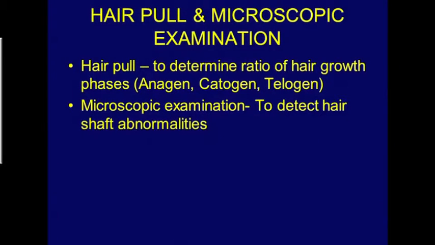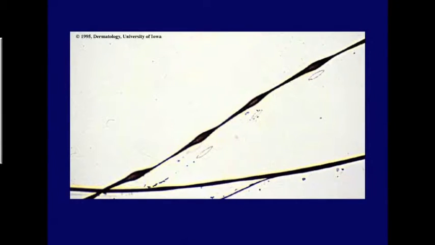Hair, I think, is important because you have to determine whether it is anagen, catagen, or telogen: it's either growing, in a stationary phase, or in the being-lost phase. You can also detect hair shaft abnormalities. So right here is monilethrix, which has this sort of beaded appearance.